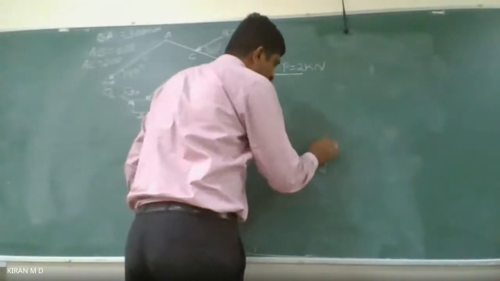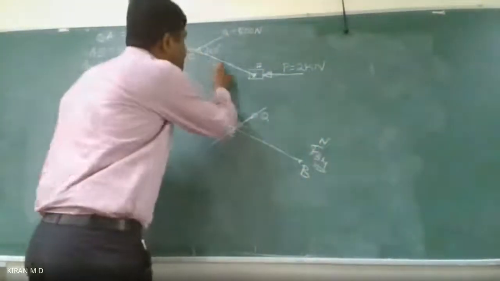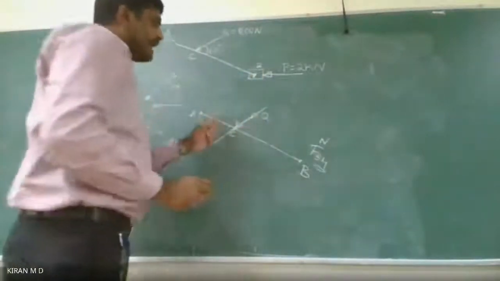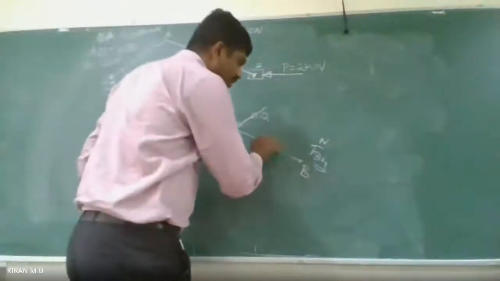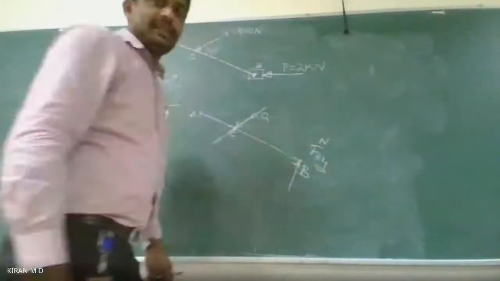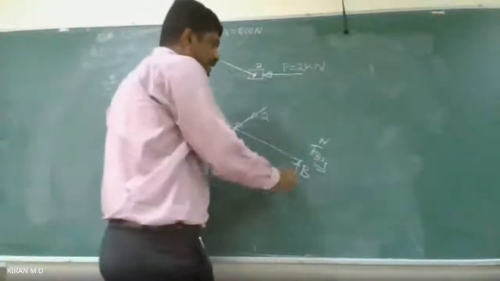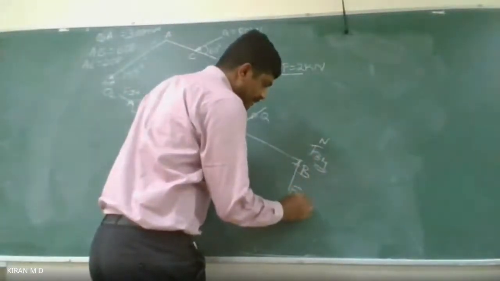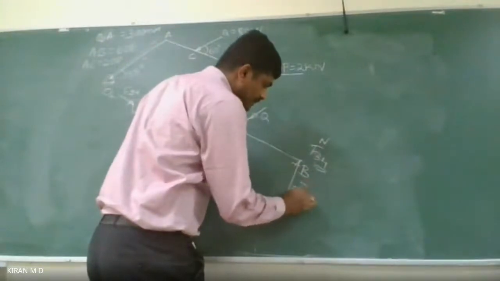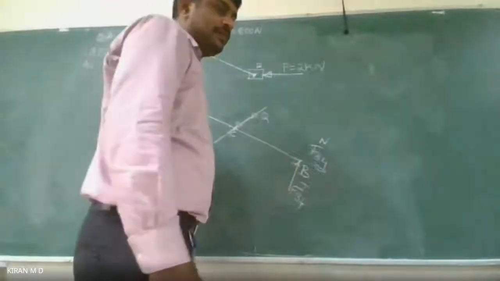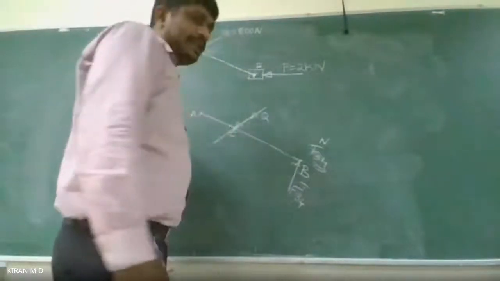This is the normal direction, the normal force we are drawing. The transverse force is perpendicular to this F34. This is FT34.